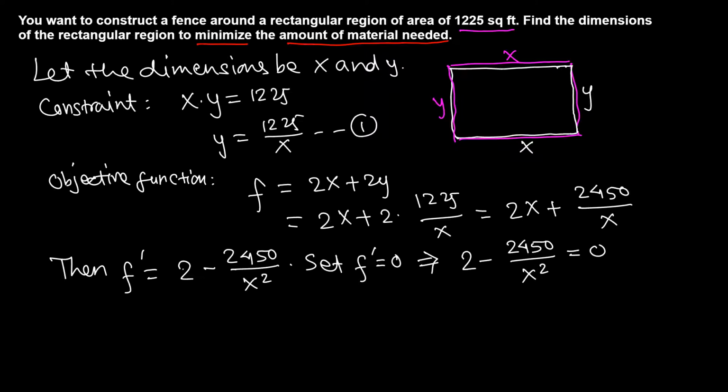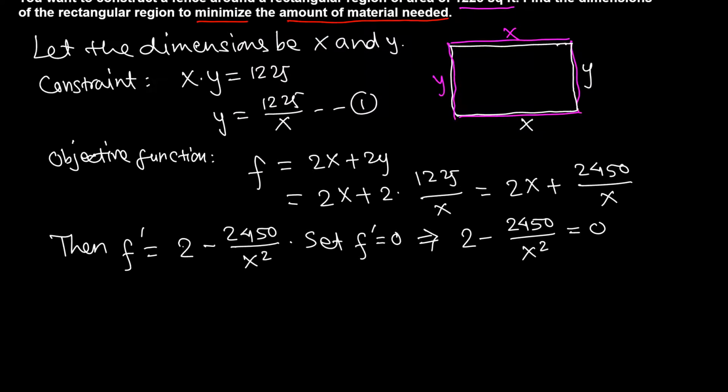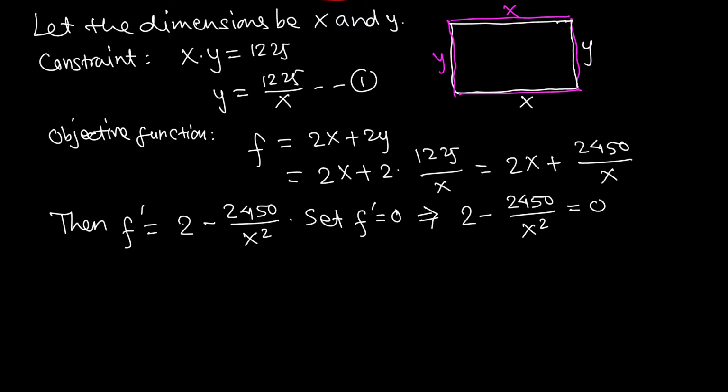Now we need to solve this equation. There can be a couple of different ways to solve this. This is a negative fraction, so I want to add it to both sides, basically move this over. So 2 equals 2450 over x squared. And whenever we have one fraction on the right side, we can make 2 over 1 another fraction and cross multiply.